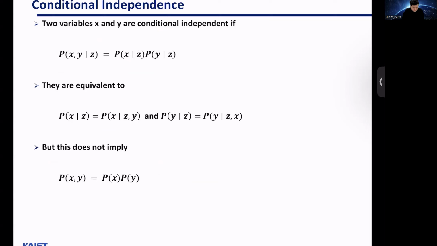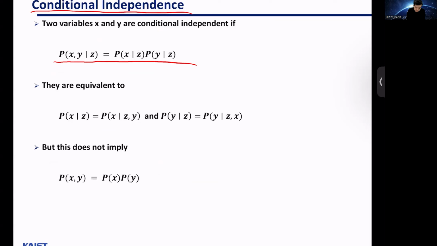Two variables. So here it's conditional independence. Two variables x and y are conditionally independent if p of x and y given z equals p of x given z times p of y given z.